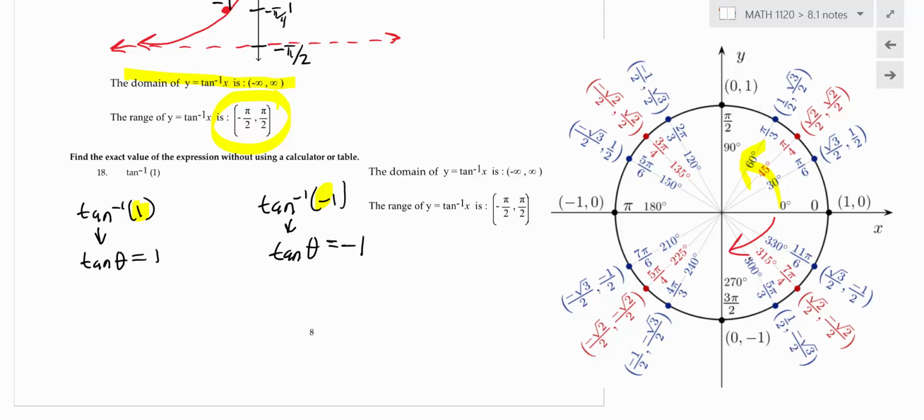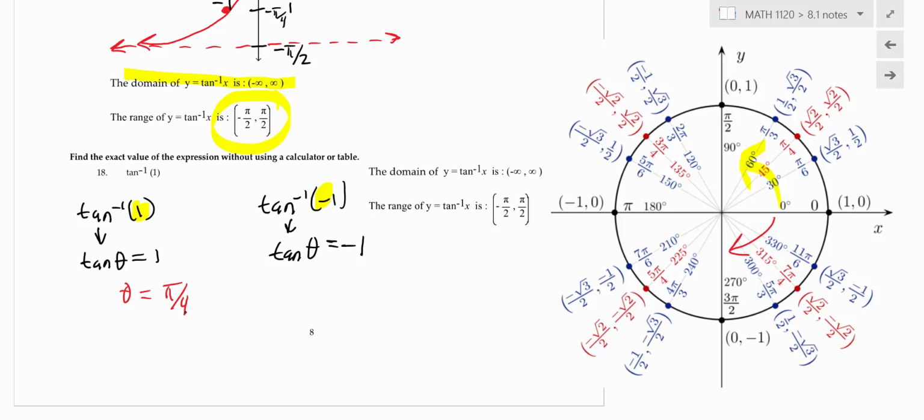At pi over 4, right? Y over x is 1, agreed? So that means the inverse tangent of 1 is pi over 4. Remember, you only get one answer to these problems. So that one would be theta equals pi over 4. Okay? Now we want to look down here. Where is y over x negative 1? Down here.